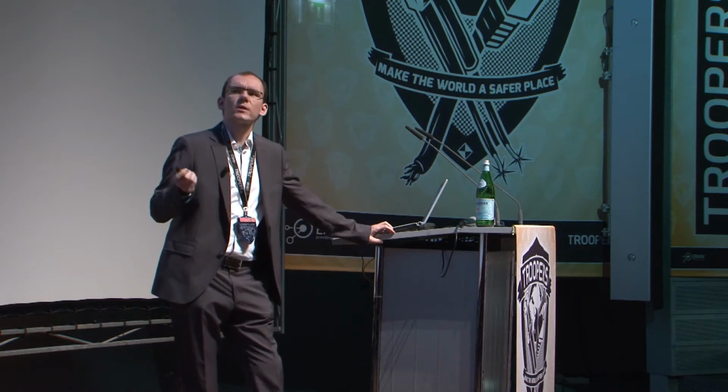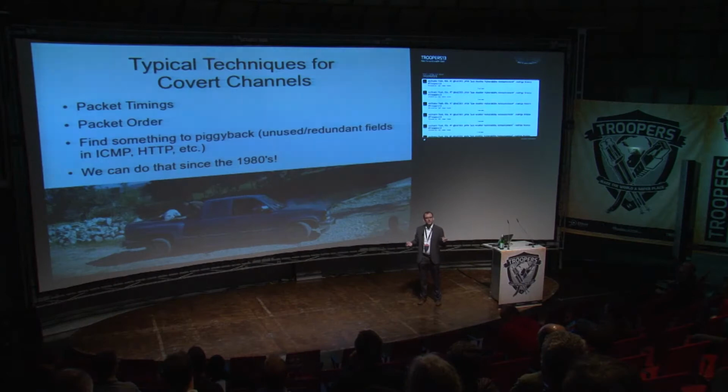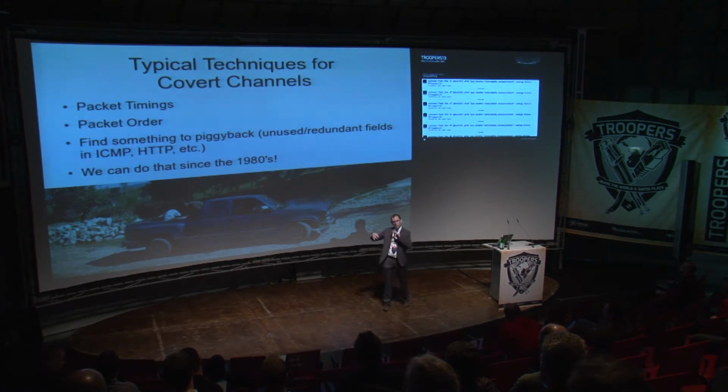And we also can modify the packet order, for instance, the IP ID. Right? We can send normal traffic, IP ID 1, 2, 3, and so on, but we could also start with ID 3, then ID 1, and ID 2 following. And using this manipulated order, we can encode hidden information, only understood by the receiver of the hidden message.